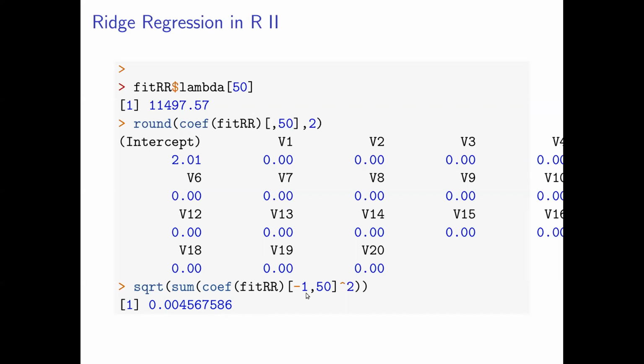And this is the sum of all except for the intercept, in case you said, well, it's just the first value, the 2.01, which is driving this. No, they are not 0 exactly, so there's not really shrinkage happening. It's just getting very, very close to 0, because we have a very, very large lambda for this specific parameter value here.